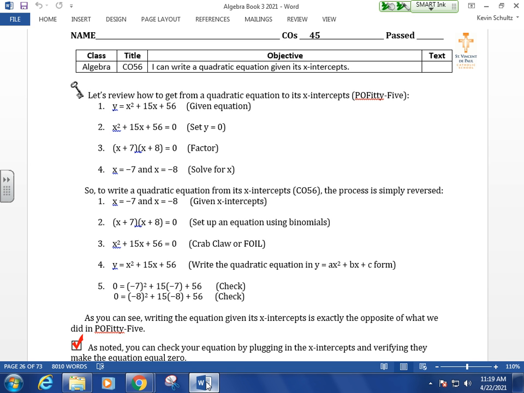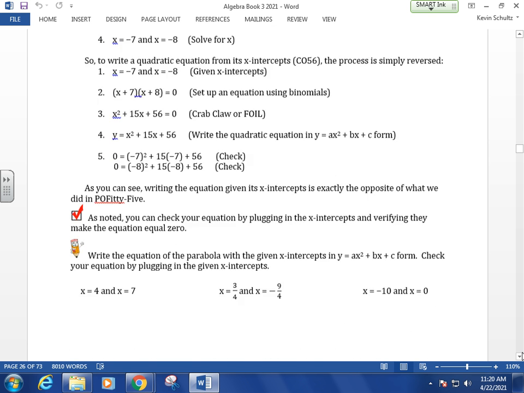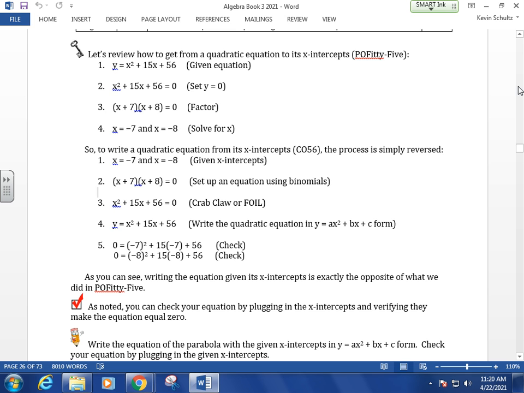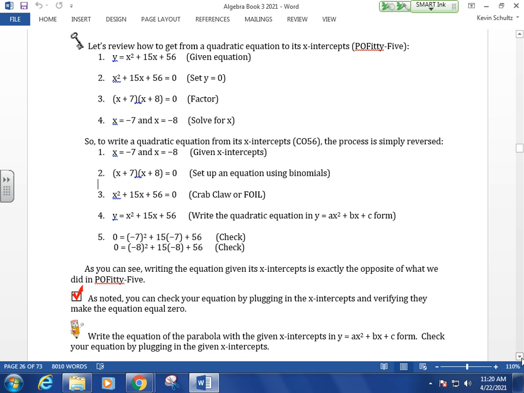Okay, so let's look at the example here. I start by going over a review on how to factor something, which we just went over in PO55. So this process should be pretty familiar. But where we're starting today is with the x-intercepts.